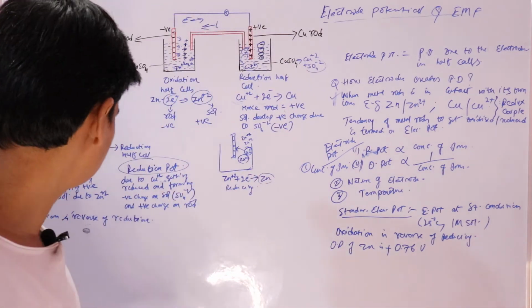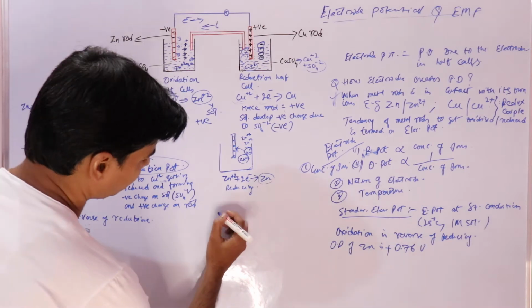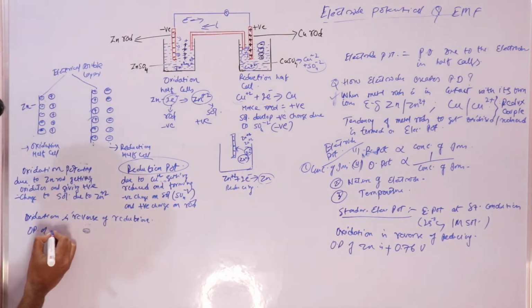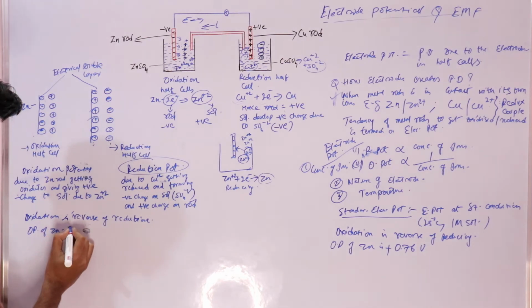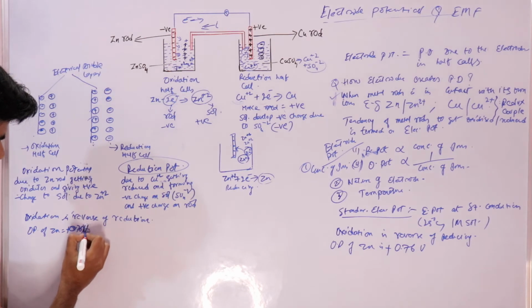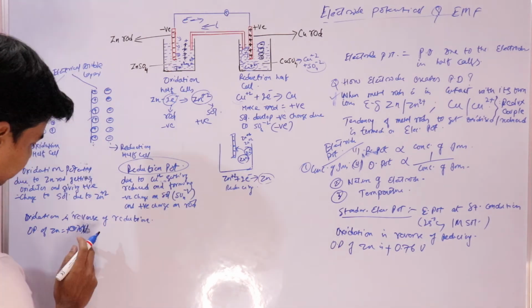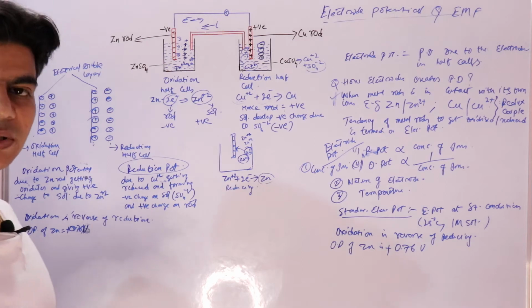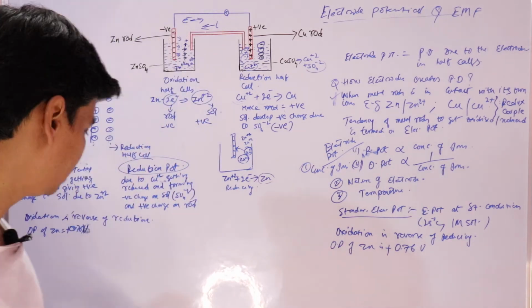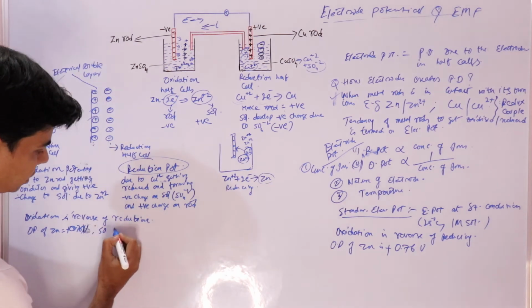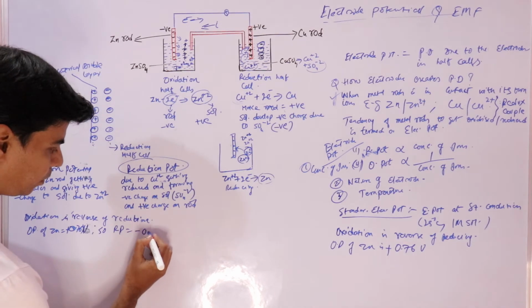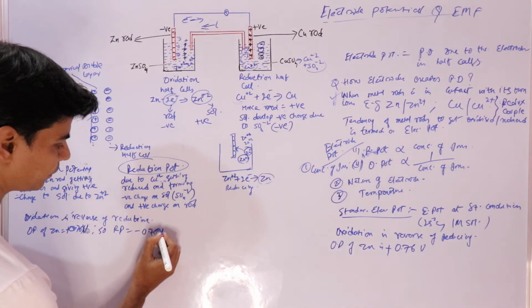What we mean by that is, we know that the oxidation potential of zinc is plus 0.76 volt, so its reduction potential would be equal to minus 0.76 volt.